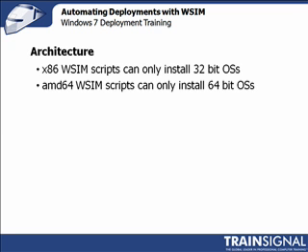If you have a 32-bit WSIM script you've created, and you accidentally plop in the 64-bit Windows 7 DVD and attempt to use that answer file with that DVD, it will just ignore it, and it will manually show you each step of the installation because that answer file doesn't belong to that architecture. So nothing horrible is going to happen, but it would be a little confusing: I've got the answer file, I've named it what it needs to be named, I've put it where I need to put it, and it's ignoring it during installation. Well, you've got to match the architecture to the actual OS.